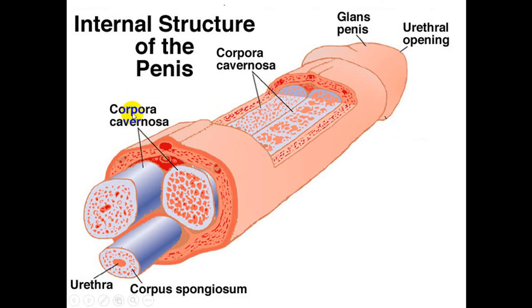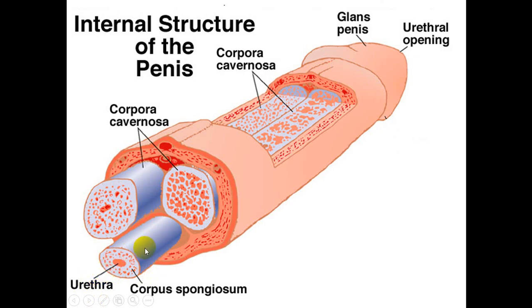Okay, then we have the corpus spongiosum. The corpus spongiosum is also an erectile muscle that the urethra passes through.